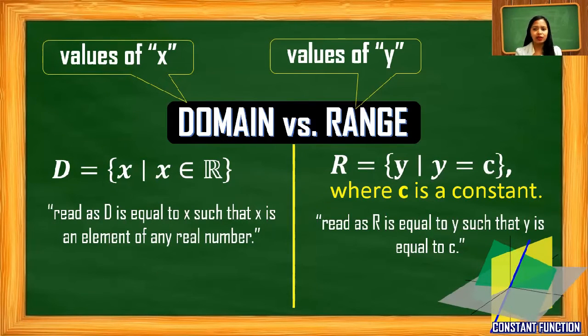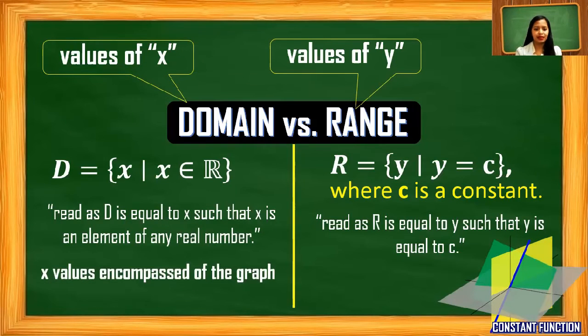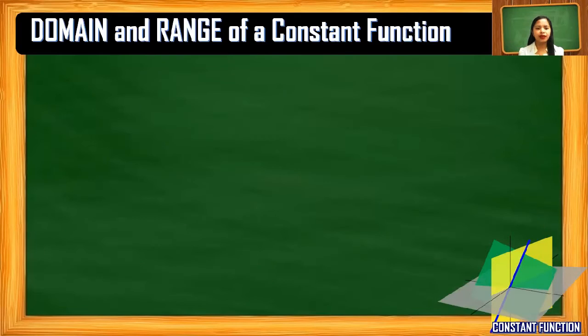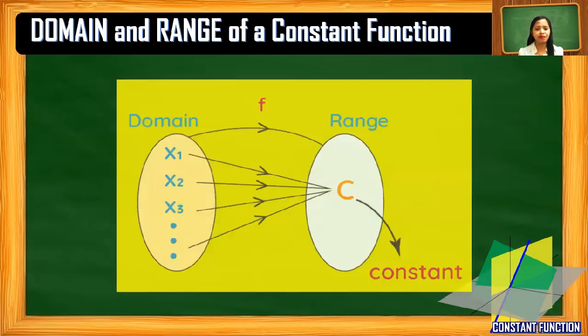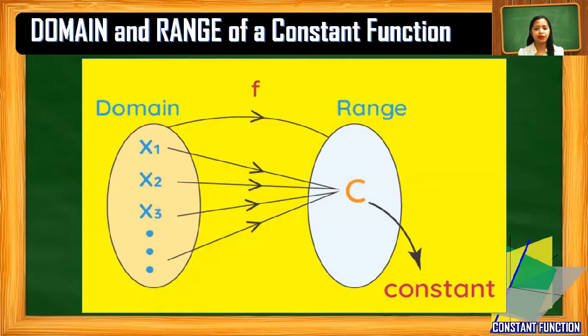Now, how will we know that in a given graph, the domain and the range are correct? The domain comprises the x values encompassed by the graph, and the range the y values. To understand further, I have here a diagram that maps the domain and the range of our constant function.